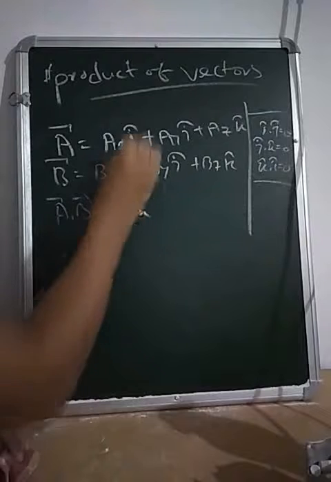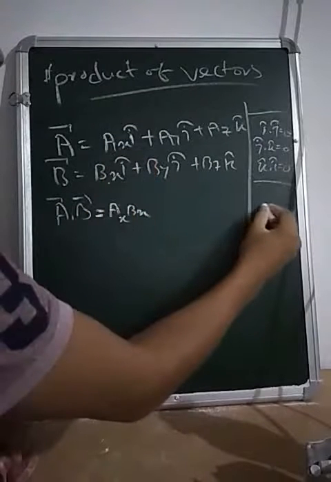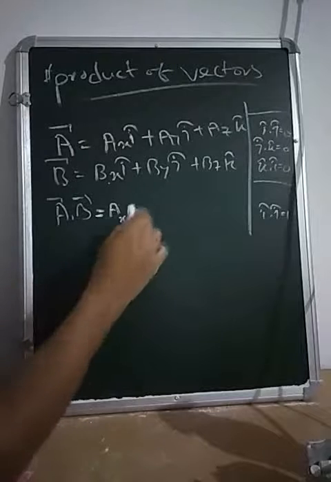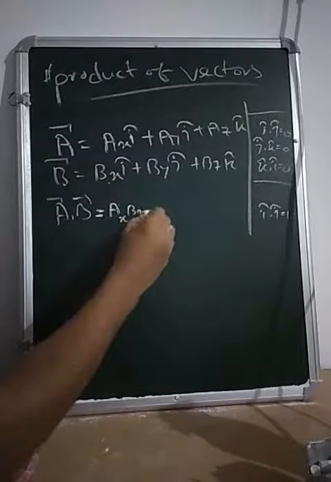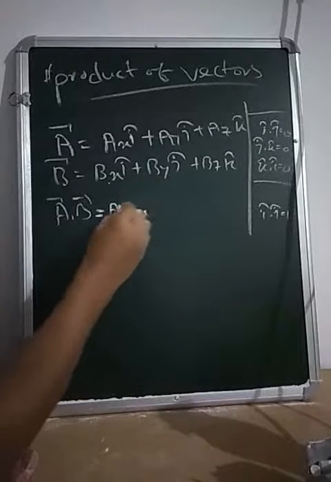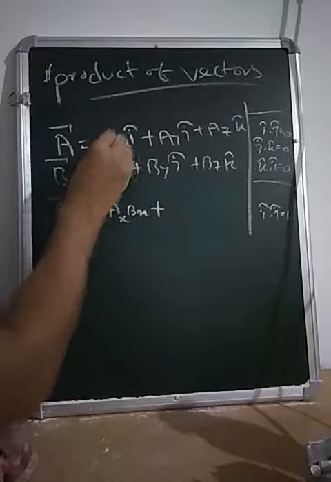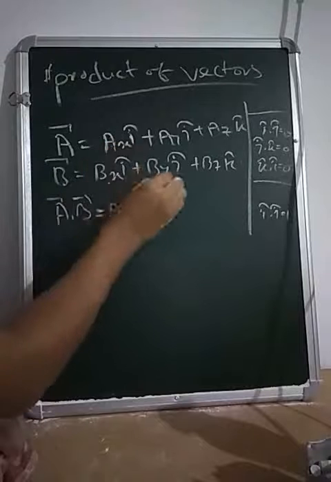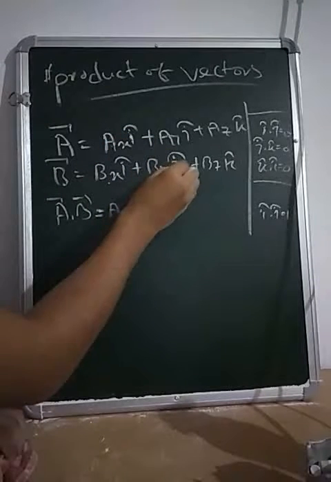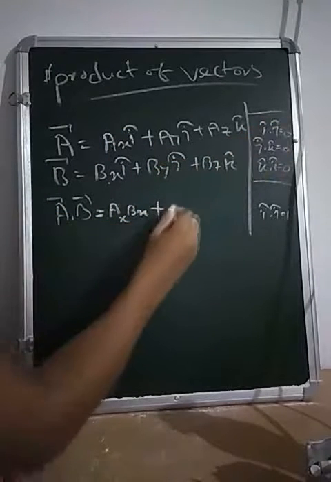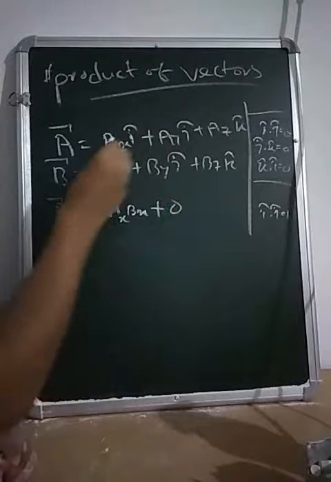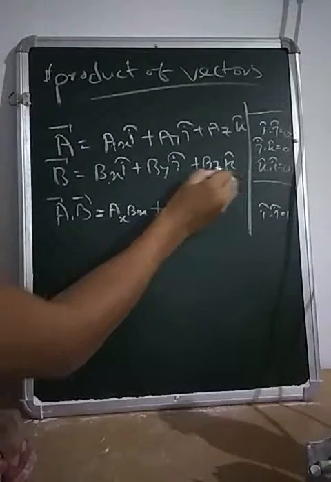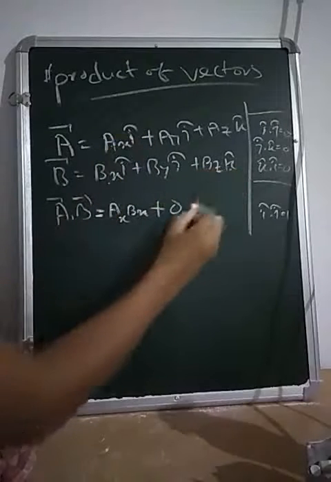So during this multiplication, when we perform Ax into Bx, i cap dot i cap is 1, like we have discussed previously. So it will remain Ax into Bx, plus Ax into By, which has the dot product of i and j, so it will be 0. Similarly, Ax into Bz gives the dot product of i and k, so it will also be 0.